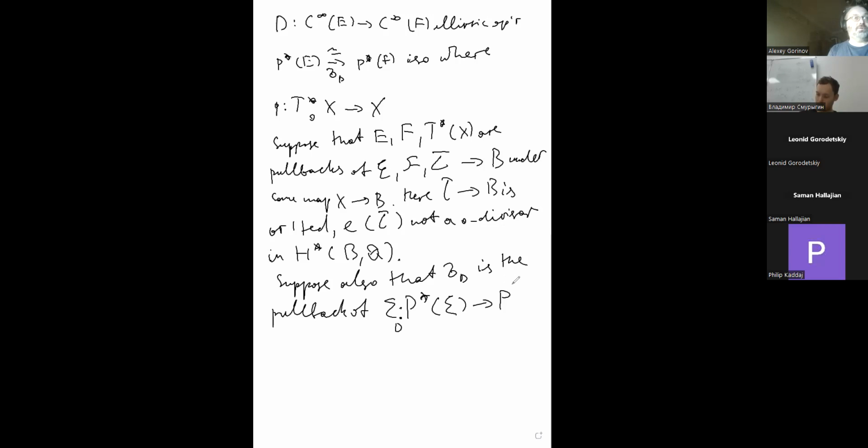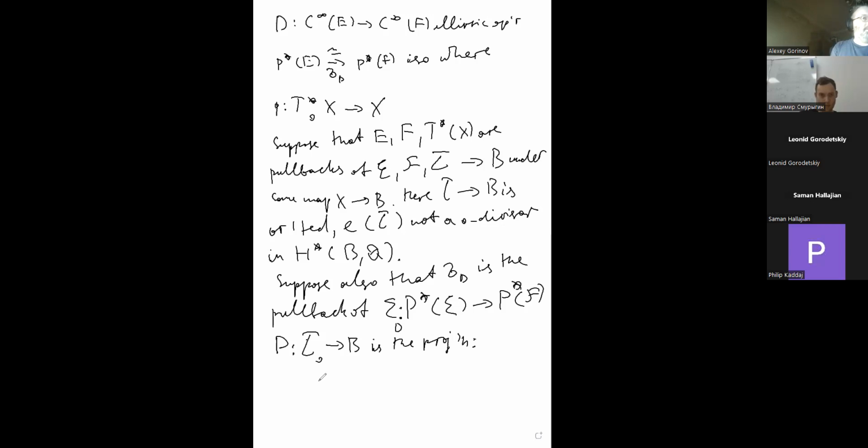I'll explain what this all means. Here capital P is a projection from calligraphic T minus the zero section to B. What does this mean?